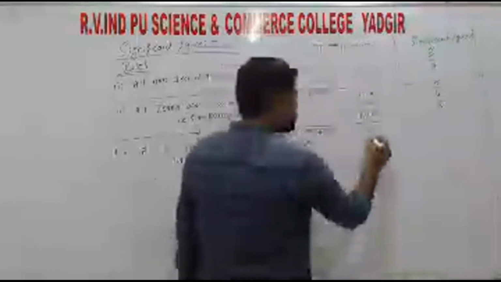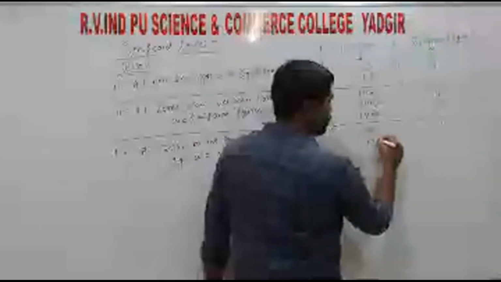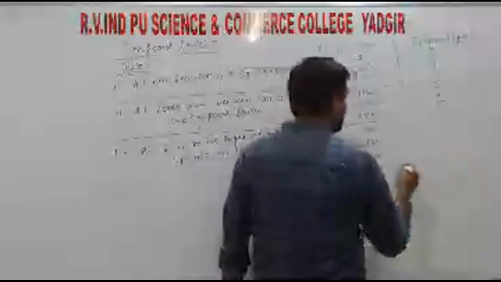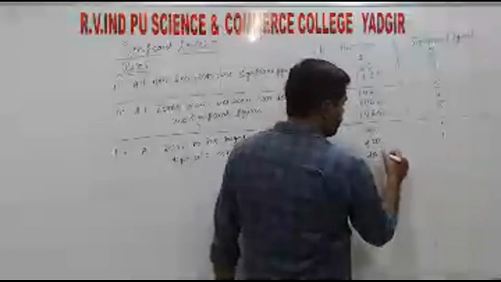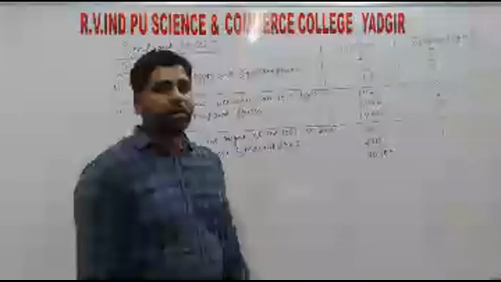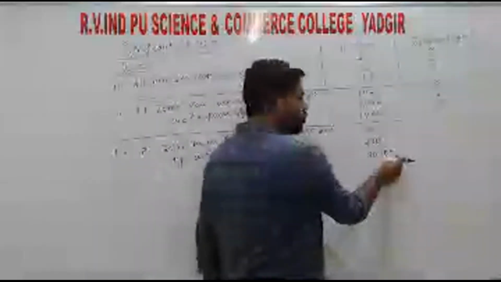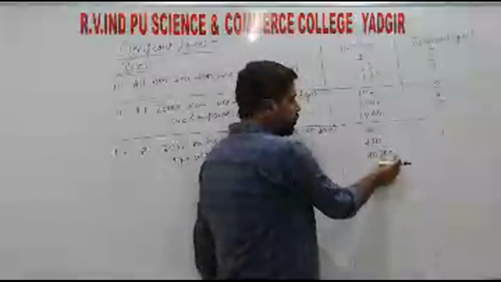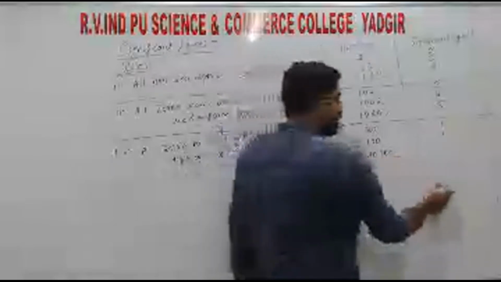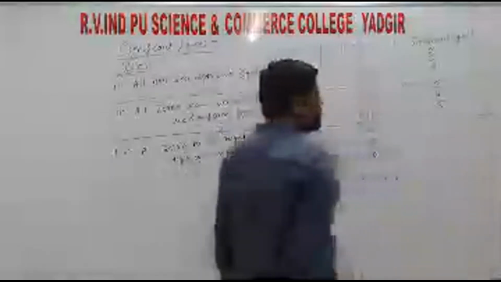Similarly 200, here also significant figures is 1, right? So 20300, significant figures is 3. Why? Because two zeros are to the right of the last non-zero number, right? So significant figures is 3.